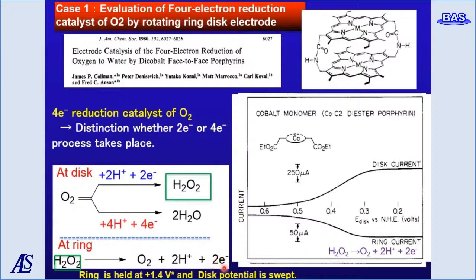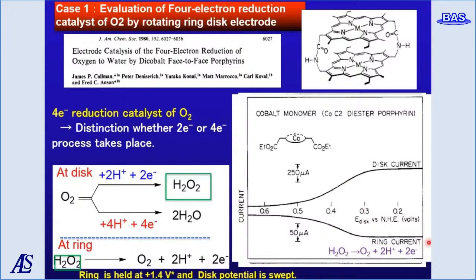In the mononuclear cobalt porphyrin complex, a current value is observed because the reduction of oxygen is taking place at the disk, but the current value of hydrogen peroxide is also observed at the same time, indicating this complex gives the two-electron reduction product.